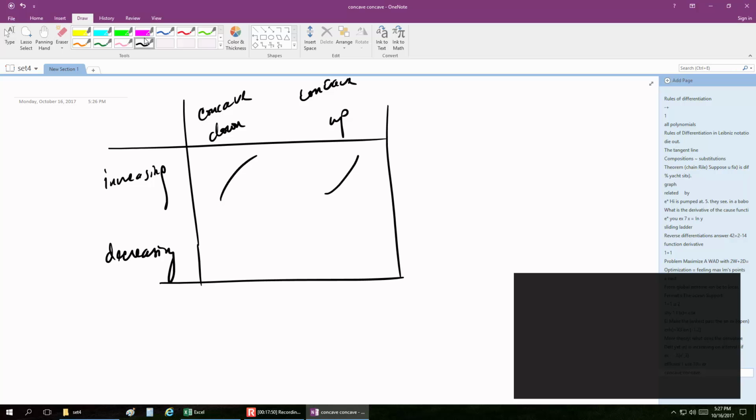Okay, we'll erase this. Okay, increasing, concave down, concave up. Okay, decreasing, concave down, decreasing, concave up. Okay, so concave down gives me the maximum, and concave up gives me the minimum.